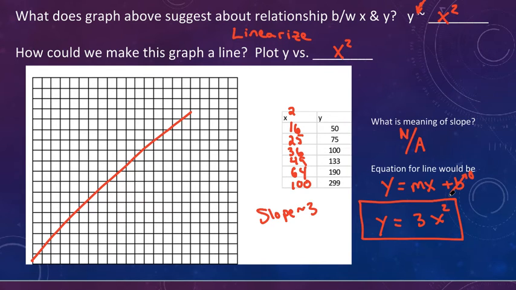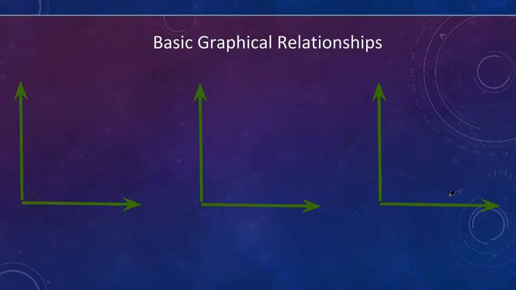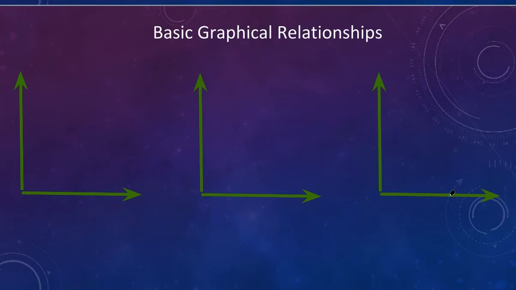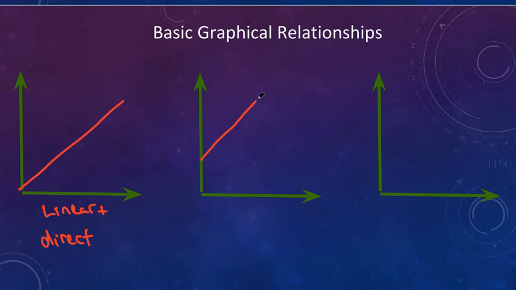So what are some other graphs that we can look at? We already talked about one of them, something that is linear and direct. If we have a graph that looks like this, it is linear, but not direct.